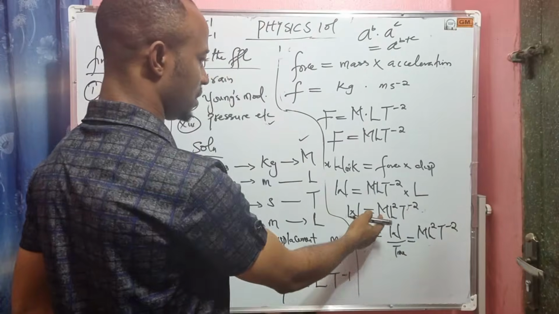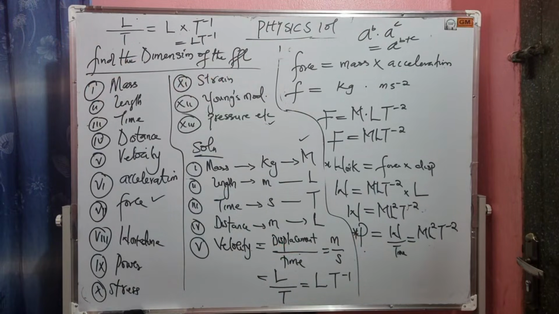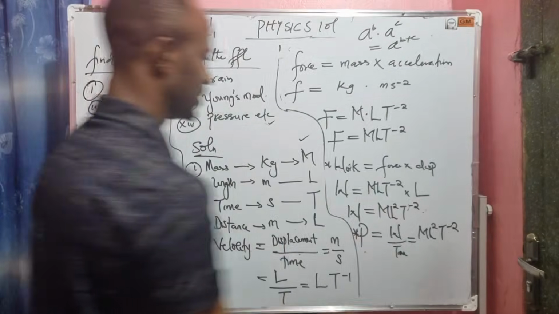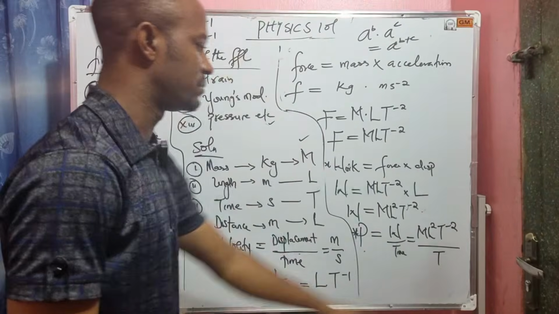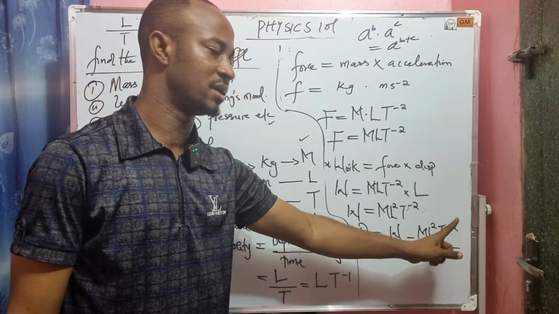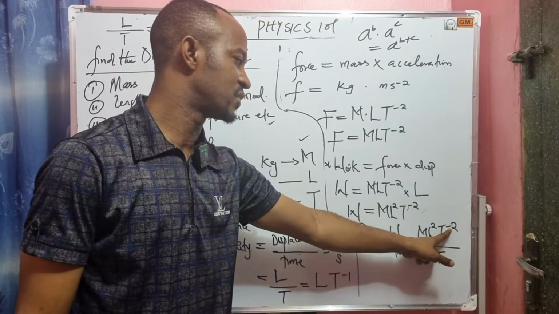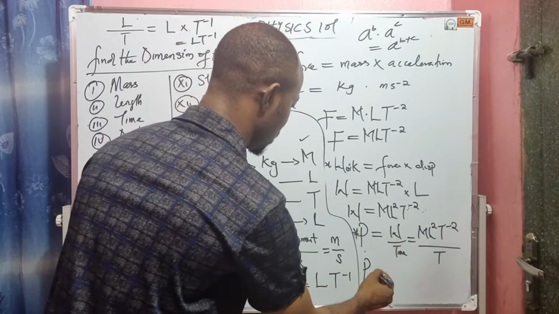This is for work done. Then we're going to divide this by capital letter T. By the time we bring this other T up, the power becomes minus 1. So we have minus 2 minus 1, right? So my power dimension becomes what?